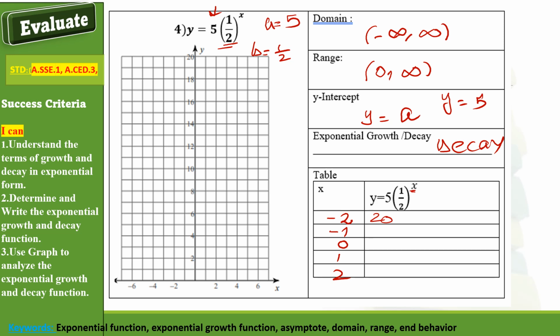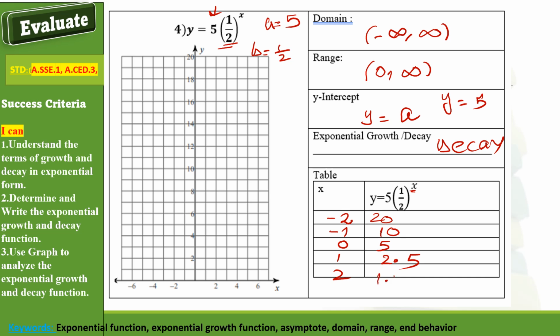And when we substitute -1, we get 10. When we substitute 0, we get 5. When we substitute 1, we get 2.5. And when we substitute positive 2, we get 1.25.